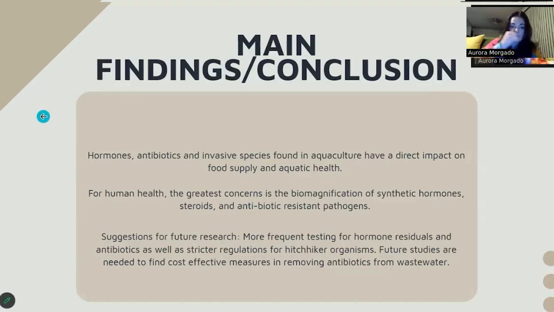Suggestions for future research: more frequent testing for hormone residuals and antibiotics, as well as stricter regulations for hitchhiker organisms. Future studies are needed to find cost-effective measures in removing antibiotics from wastewater.